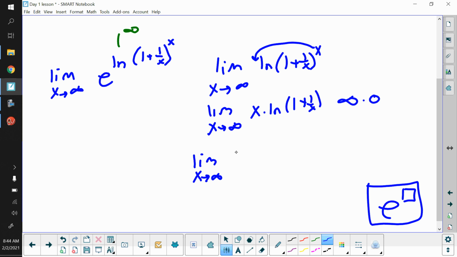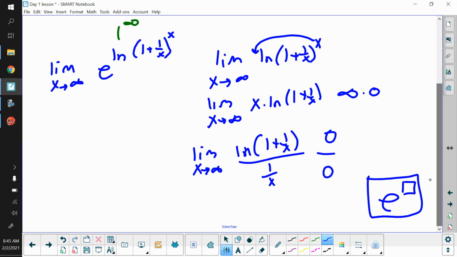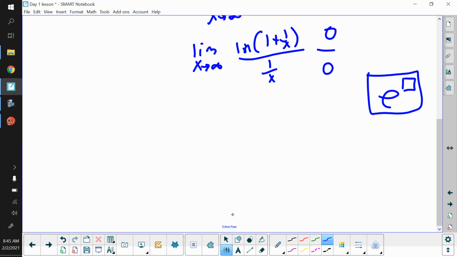It's tougher to move natural logs to the bottom, so we're going to move the x to the bottom as 1 over x. So we'll have natural log of 1 + 1/x over 1/x. So this is still 0, and 1 over x, as x goes to infinity, will get really small, so that's now 0 over 0 as well. This will allow us to do L'Hopital's.